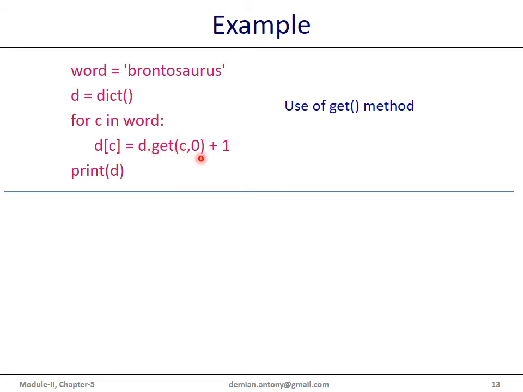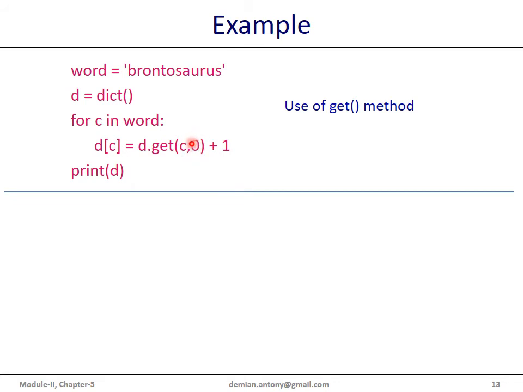If it is present as a key, it will return the value at that particular key. That means it is a subsequent occurrence, wherein we increment the existing value by 1 and we replace it with the new value. And if it is a first occurrence, the default value that we are going to give is 0.